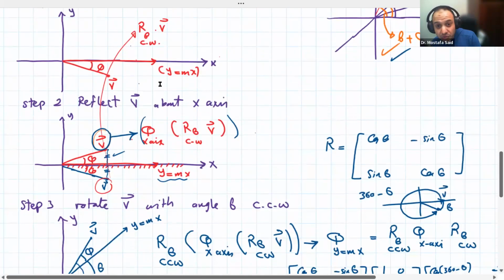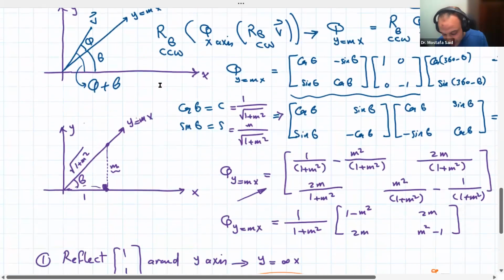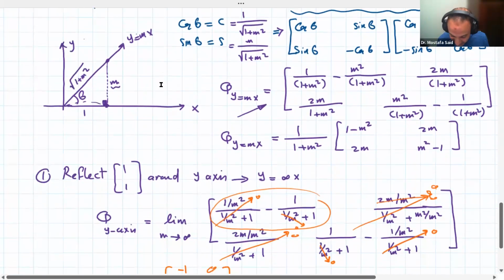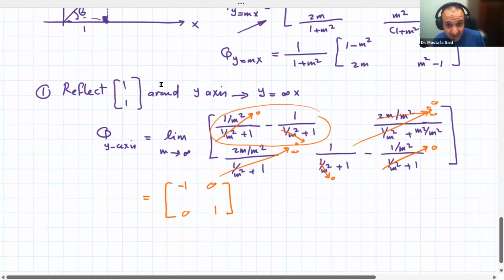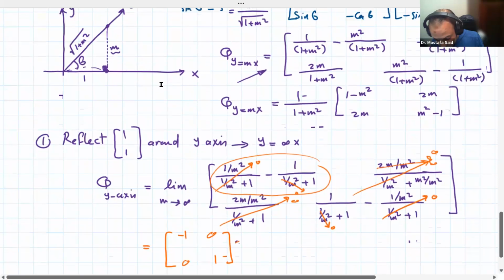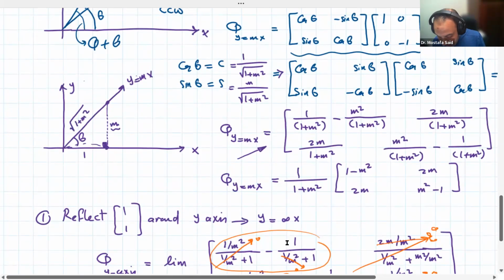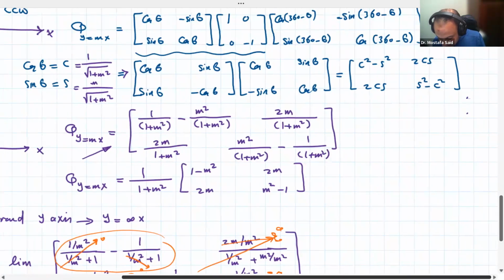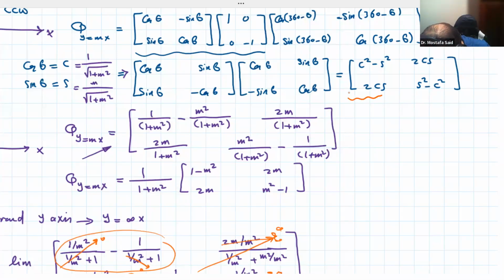Someone might be confused, because m here is infinity. He might not be convinced. Is there any way to do it? Yes, you still have this formula here. Remember, c squared is cosine theta squared, so cosine square 90. So we can still do it.